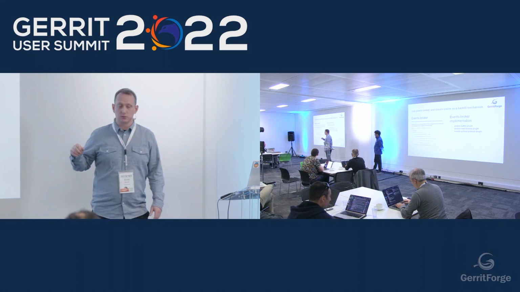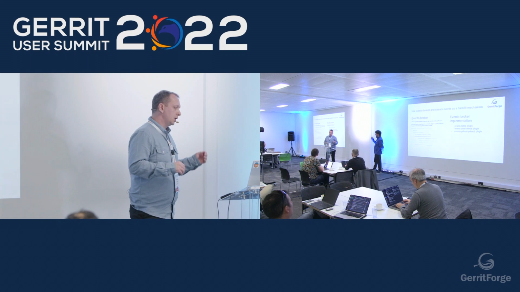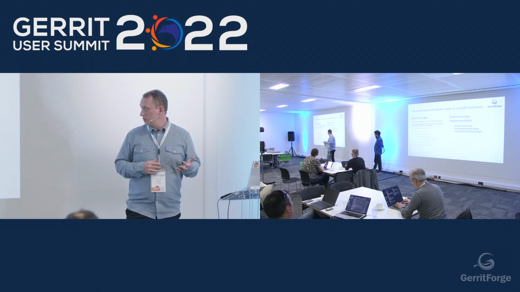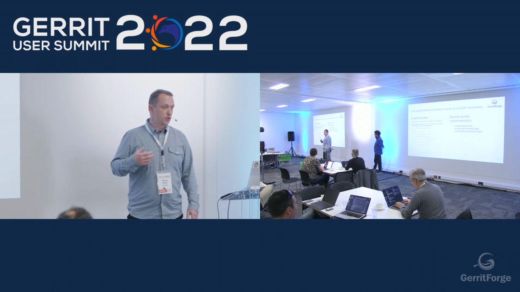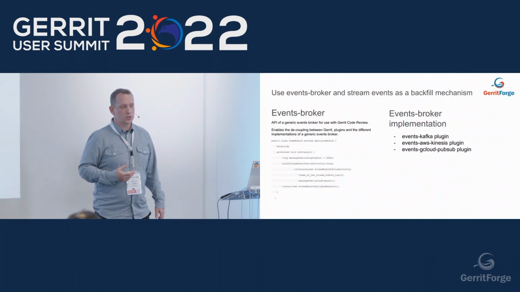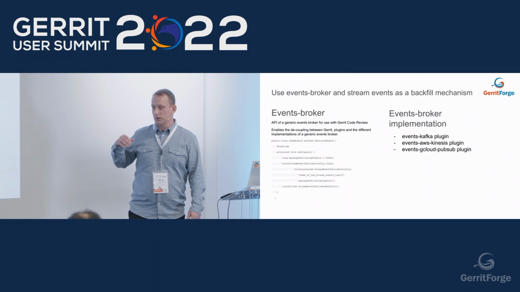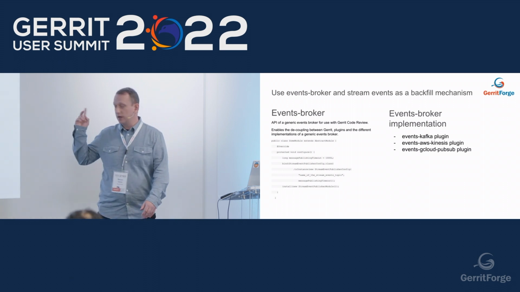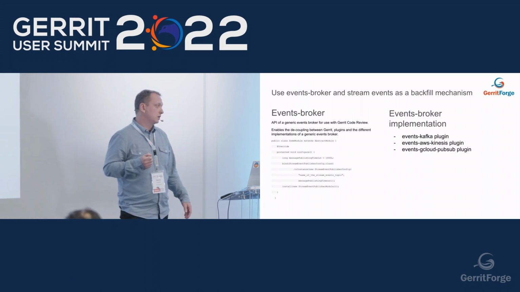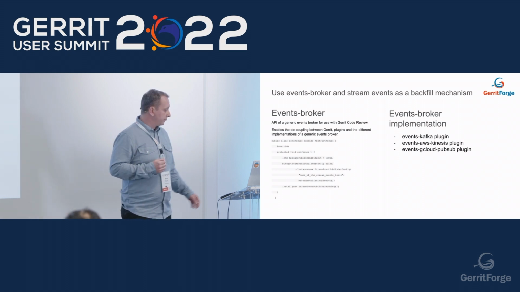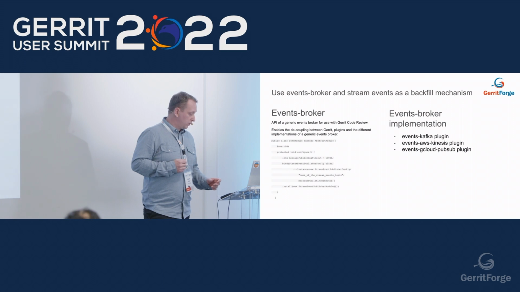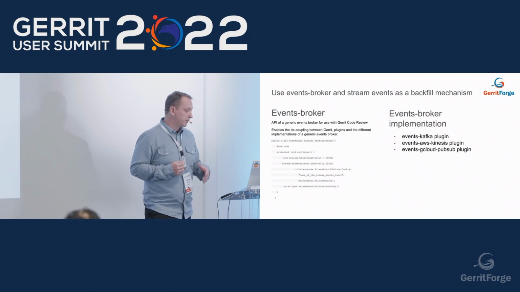Event broker. So the event broker is done in that way that it's a Gerrit library which you can deploy, and then you can provide the Gerrit events broker plugin, which is giving you a concrete implementation of that library. So we have Kafka, Kinesis, and gcloud PubSub. And together with event broker, we have this stream event publisher module.